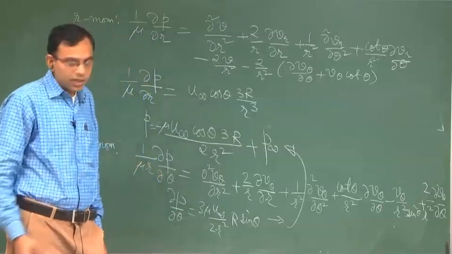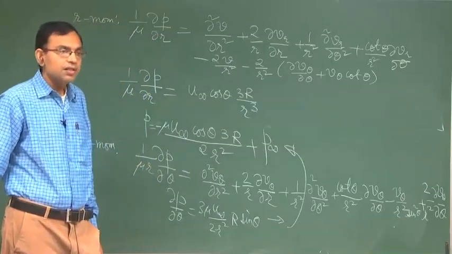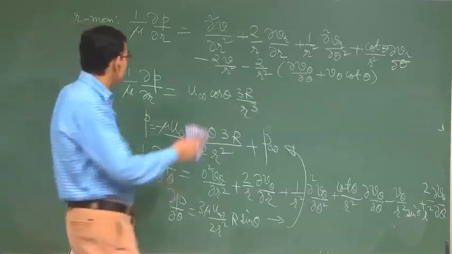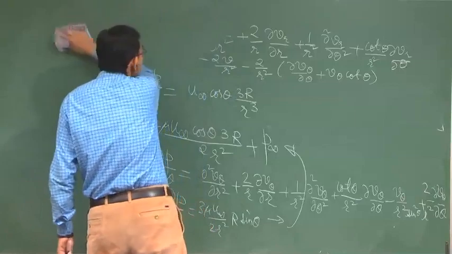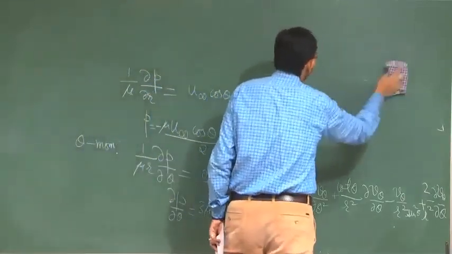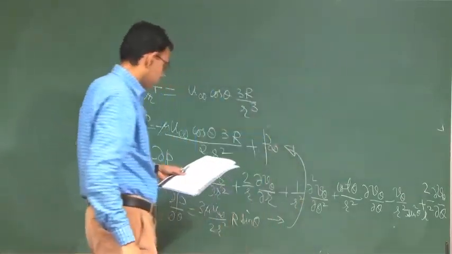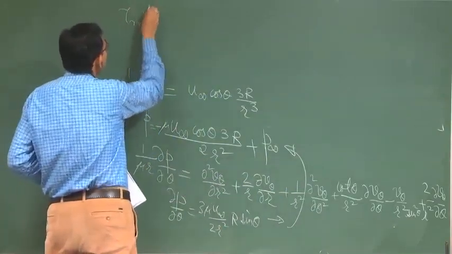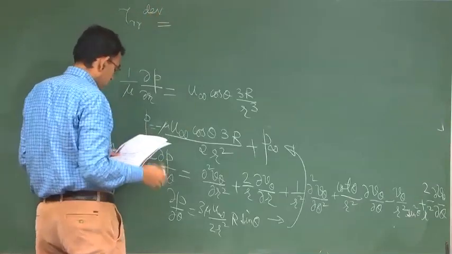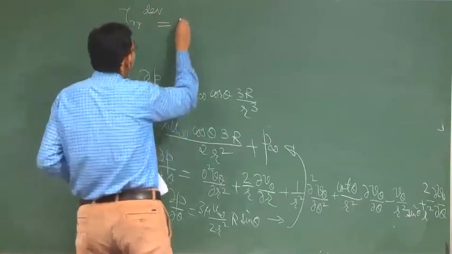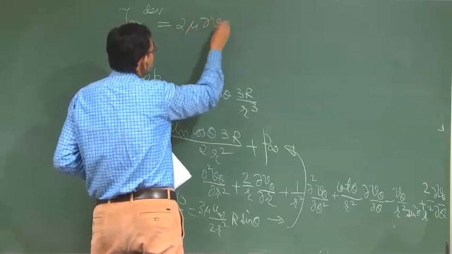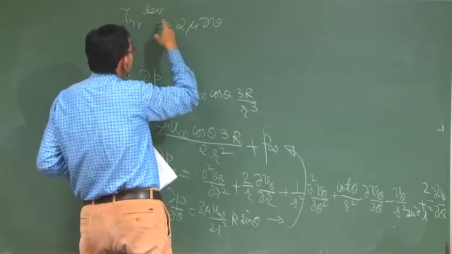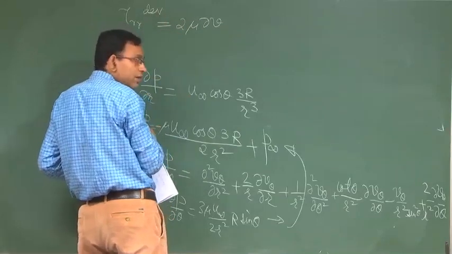How do you get the deviatoric stress? For the deviatoric stress you have to appeal to Newton's law of viscosity. So tau r deviatoric is equal to 2 mu, this is the deviatoric part only, the total tau r is deviatoric minus this P which is hydrostatic.